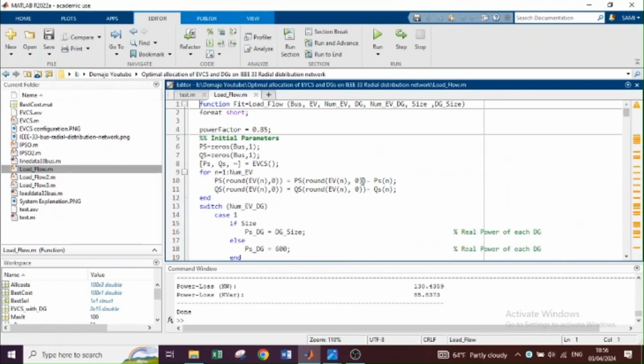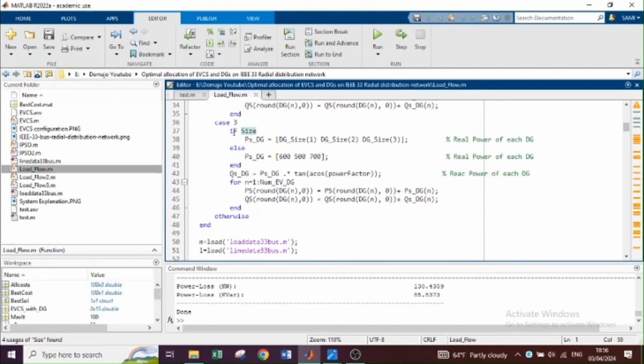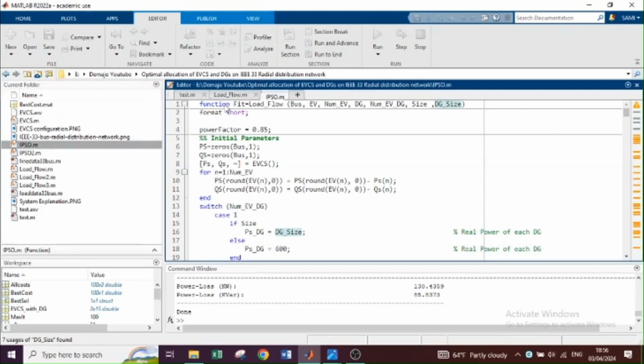So when the size is true, the size of DGs is allocated with a variable called DG size. The DG size is just an array, and the first one is for DG1, the second one is for DG2, and the third one is for the third DG.